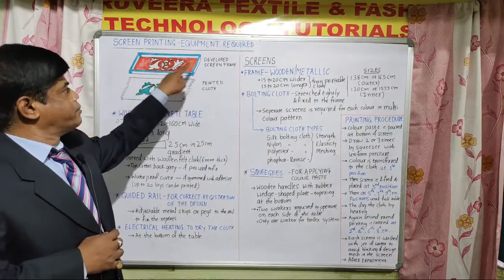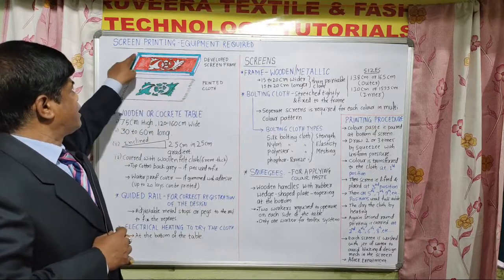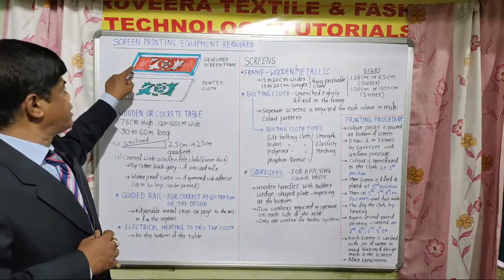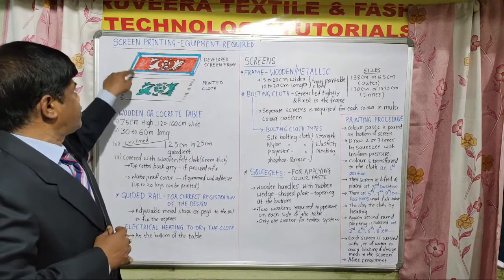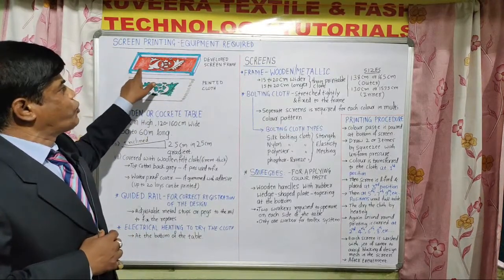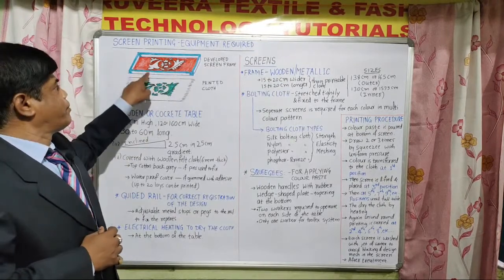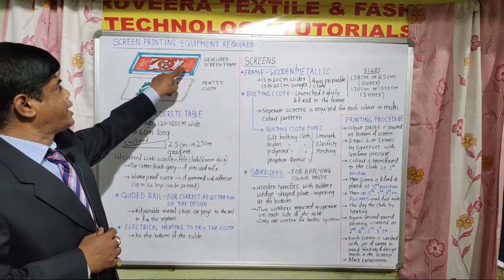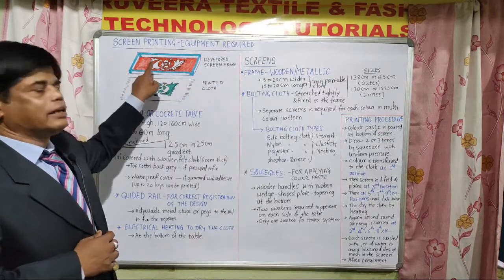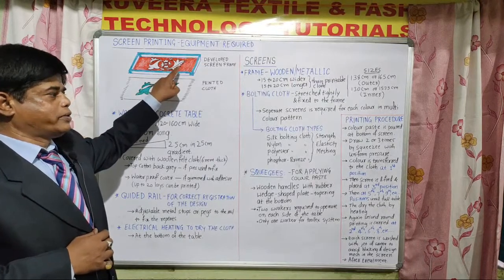Friends, see here, in geometry this is called a rectangle. This rectangular form is made of a wooden or metallic frame. The red part is the screen. That is called blotting cloth.